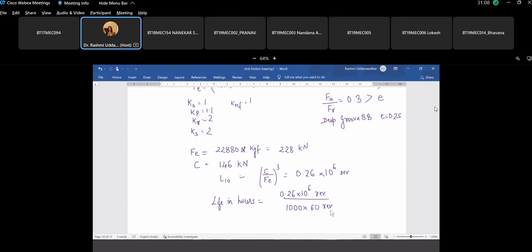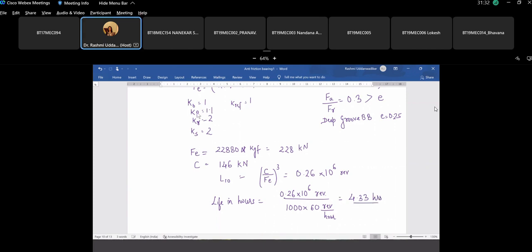So these many revolutions per hour, and so you get the answer of life in hours. So this is as small as 4.33 hours.